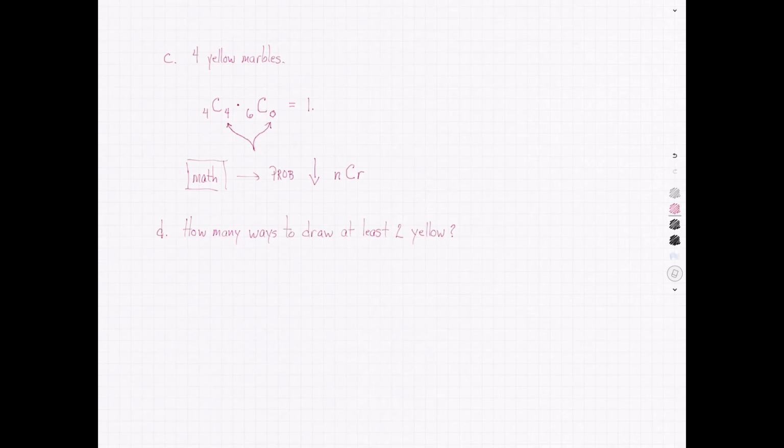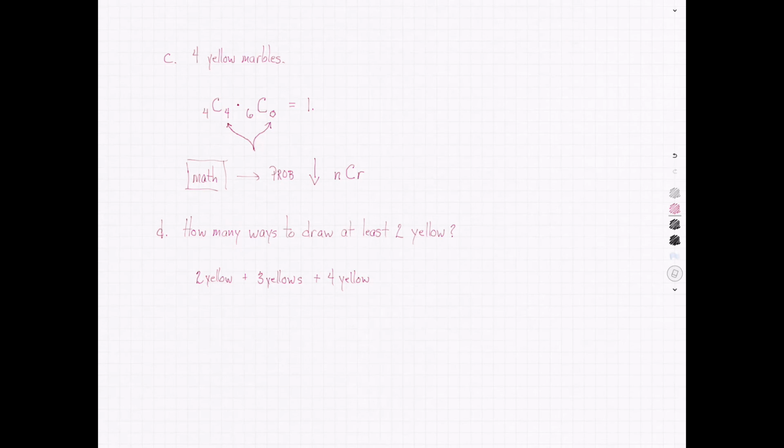Well, at least 2 yellow means 2 yellows, but at least means it could be more than that. So it could be plus the number of ways to draw 3 yellows, plus the number of ways to draw 4 yellow marbles.